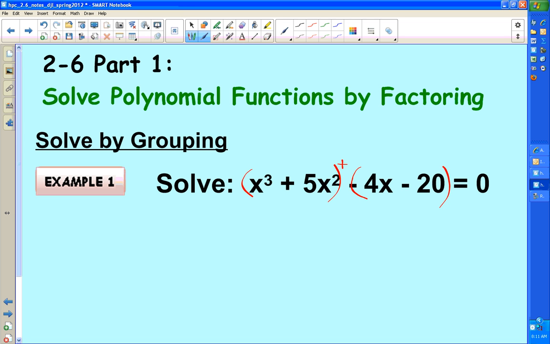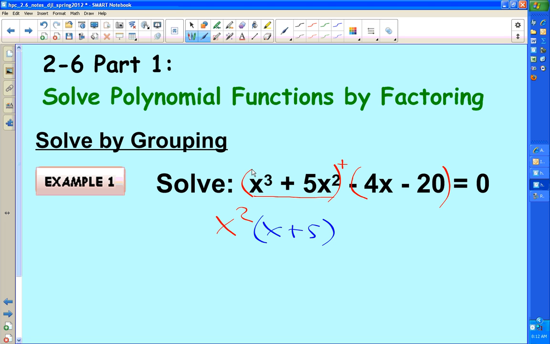When you do that, in the first binomial, what's in common? X squared. So we will factor out an x squared. And when you do that, you'd be left with x plus 5. Now, I will tell you without exception, if your third term is negative, like this one, you have to factor out a negative.